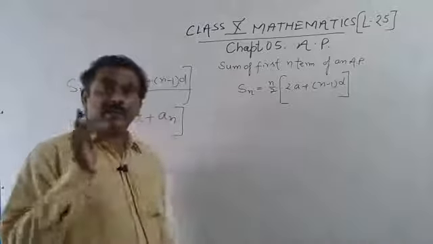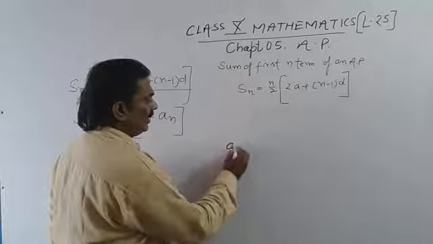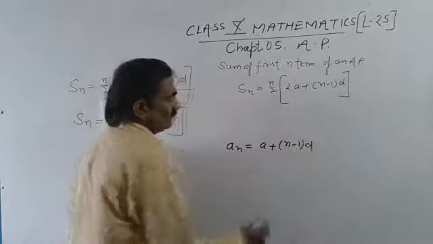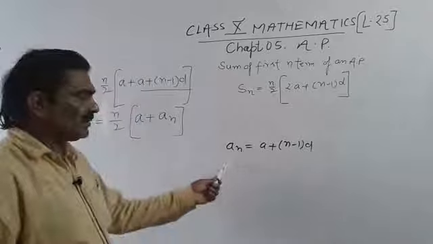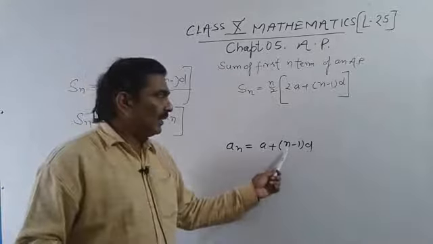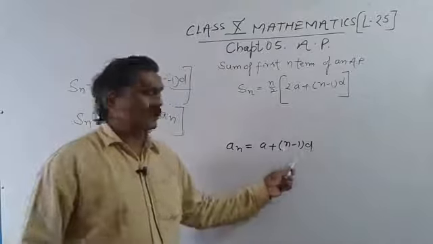To find the nth term we have the formula an is equal to a plus n minus 1 into d, where an means nth term, a means first term, n means number of terms, and d means common difference.